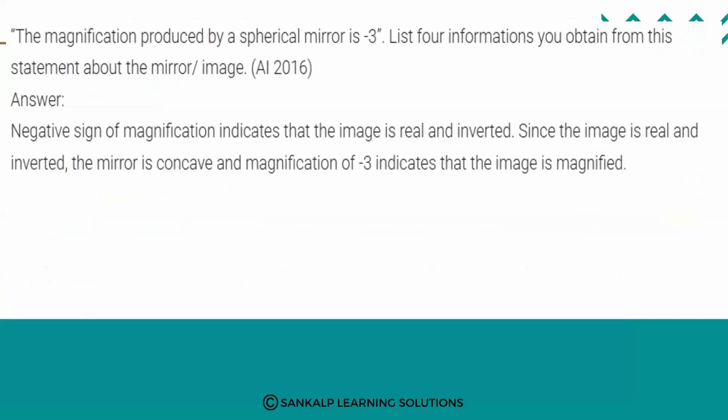The magnification produced by a spherical mirror is -3. List 4 pieces of information you obtain from this statement about the mirror or image. This question was asked in 2016. The negative sign of magnification indicates the image is real and inverted. This is important. Remember, real and inverted. Since the image is real and inverted, the mirror is a concave mirror.